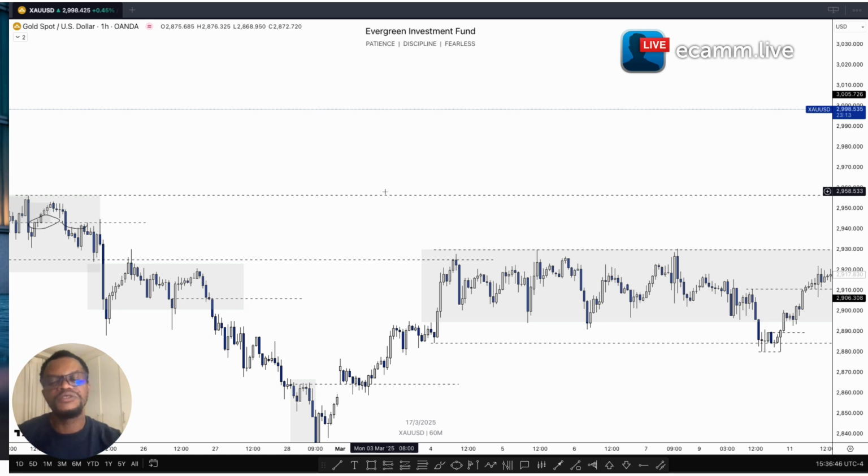But for most of the time, depending on what your strategy is, whether you trade SMC or ICT, most of the time it's more or less the same thing. If you're more SMC based, you just look at the zone and trade according to the zone.